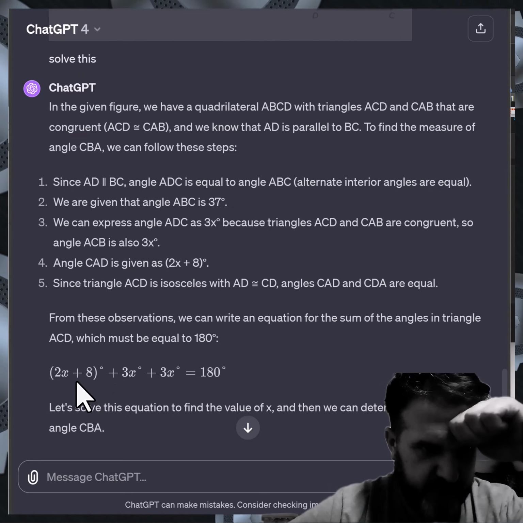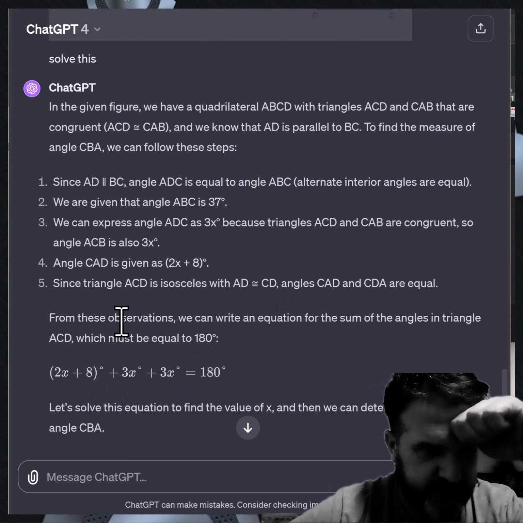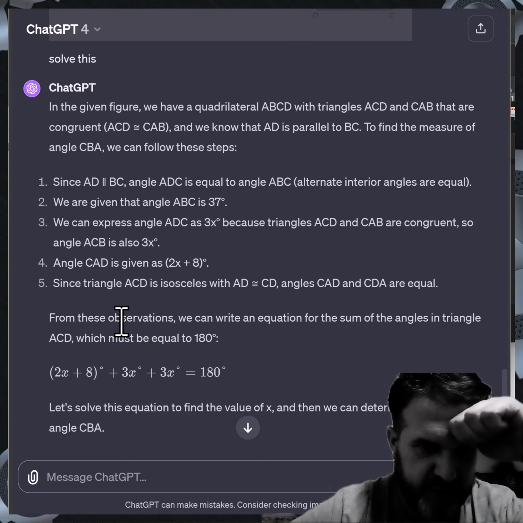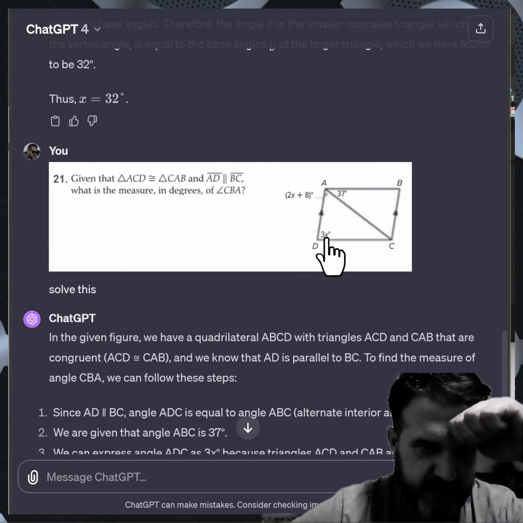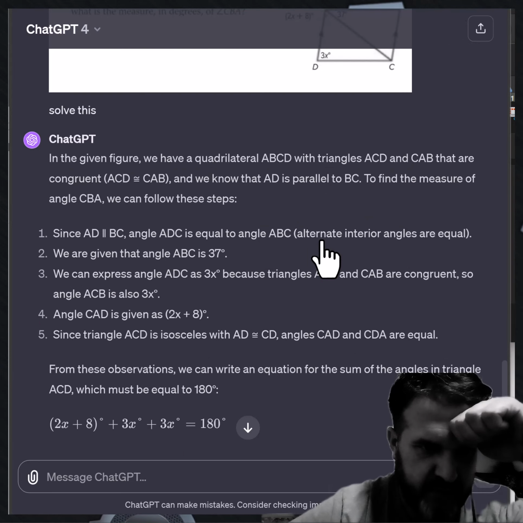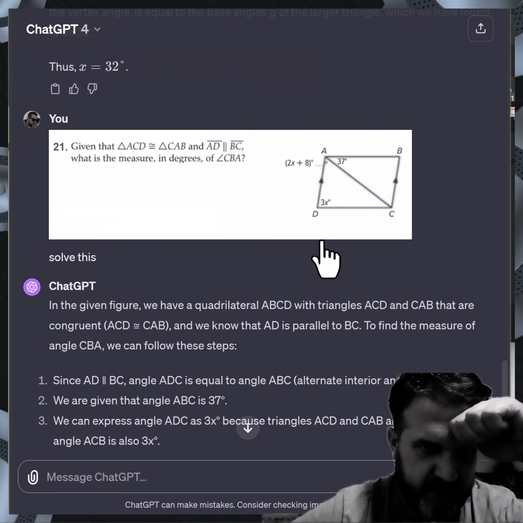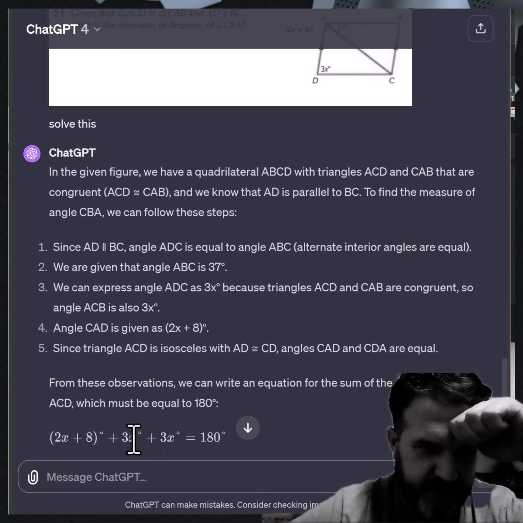So 2x plus 8 plus 3x plus 3x. From an observation, we can write an equation for the sum of angles in triangle ACD. ACD is going to be 2x plus 8 plus 3x plus 3x. No. See, it assumes.